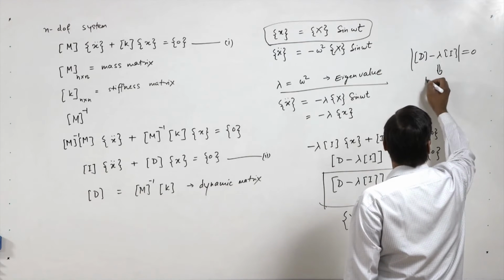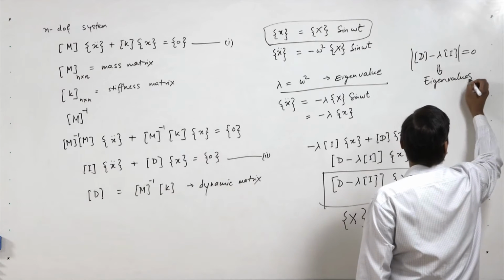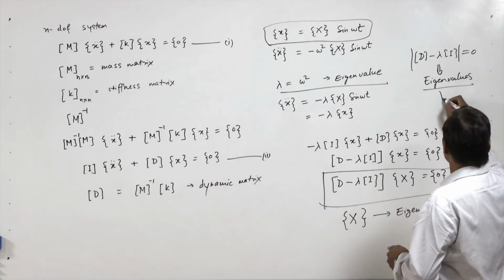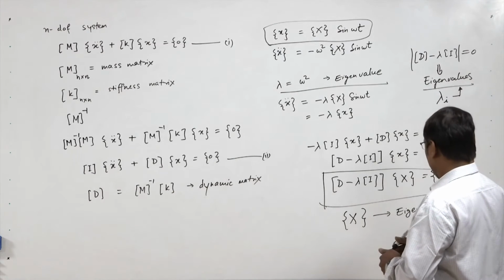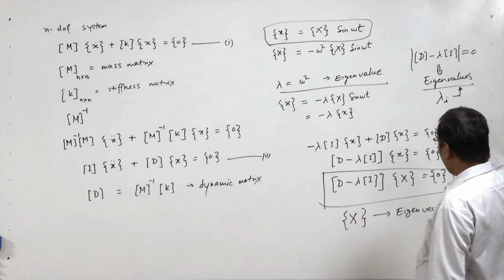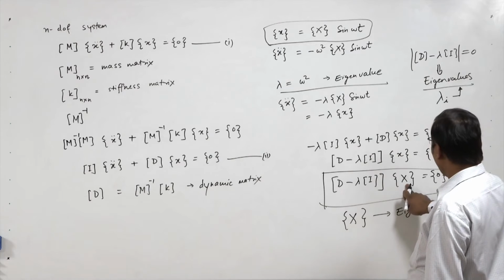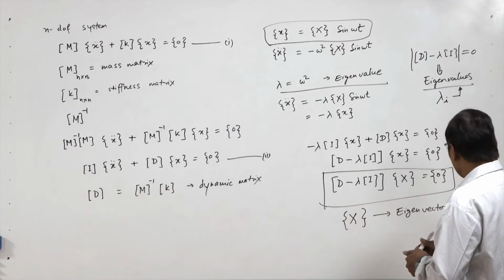This will give the eigenvalues, because all these lambdas are eigenvalues, and corresponding to each lambda, if we put it here, we will get this X, and that will be the eigenvector.